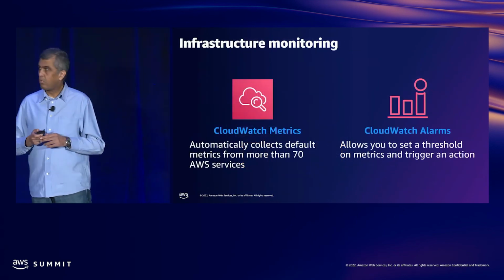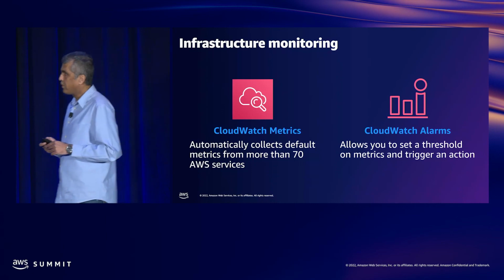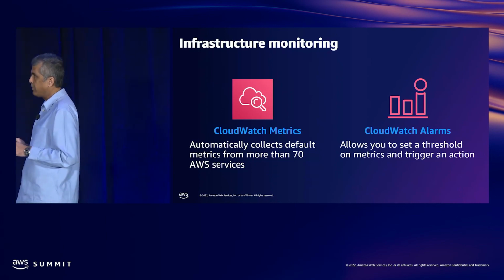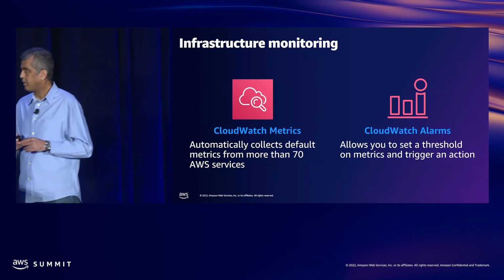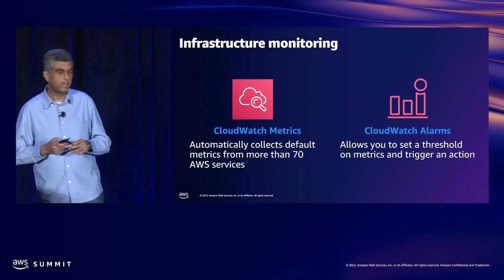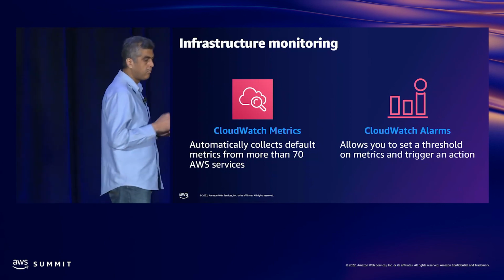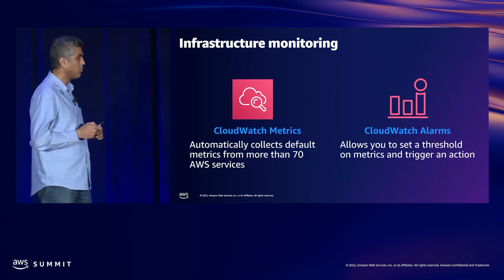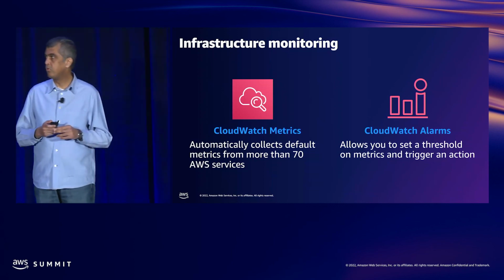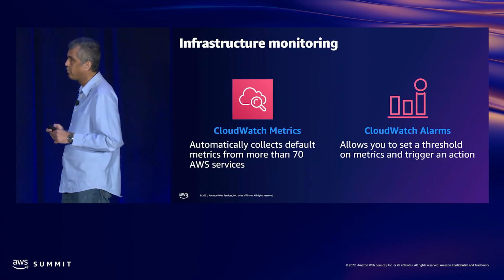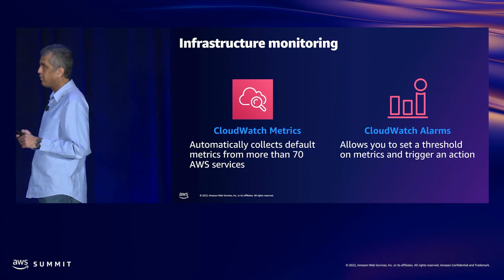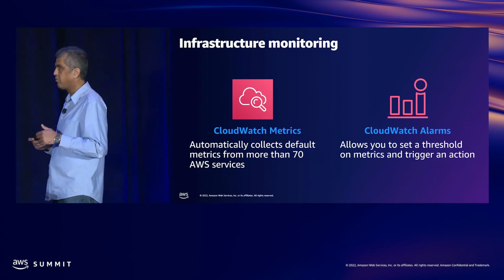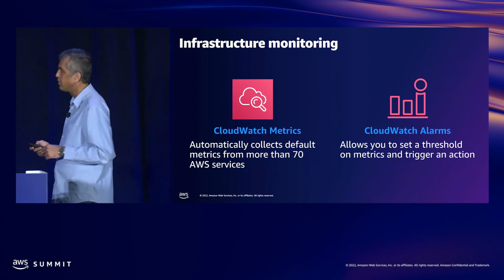Lastly, for infrastructure monitoring, we have the native CloudWatch service that gives you the capability for capturing metrics. By default, it supports more than 70 different AWS services, and also allows you to create alarms based on the thresholds that you may be interested in, and send out notifications once those thresholds get breached.